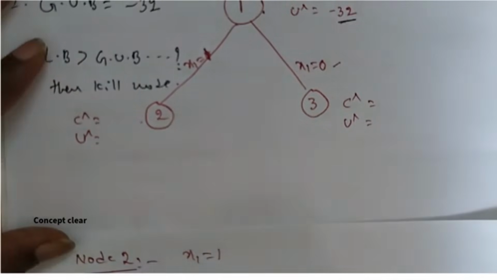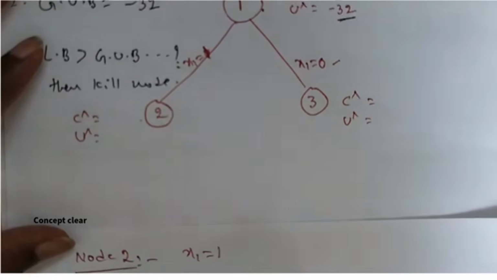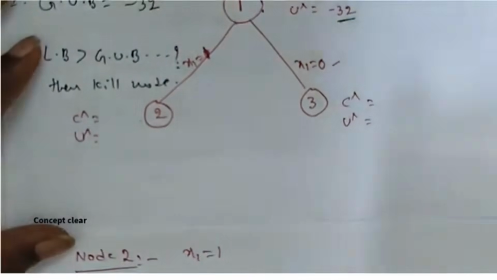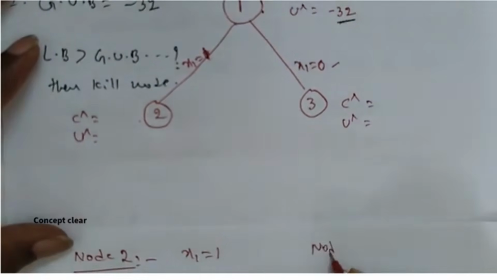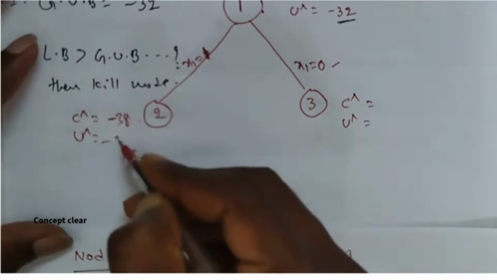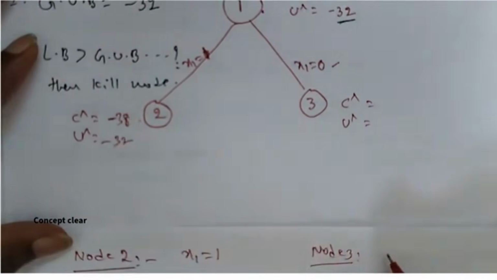Lower bound value is minus 38 and upper bound value is minus 32. And what about node 3? For node 3, we are updating here minus 38, here minus 32. Here node 3 equals what?